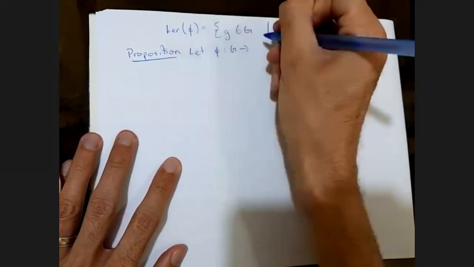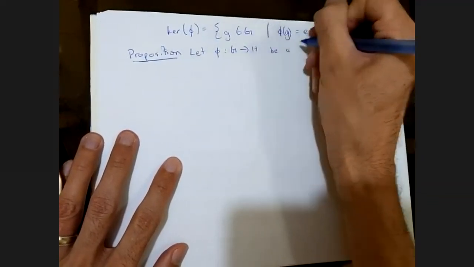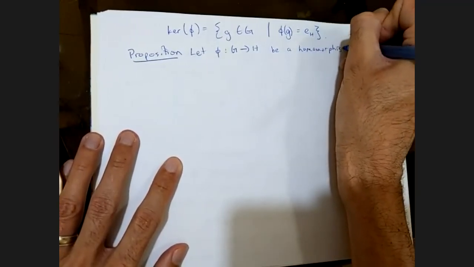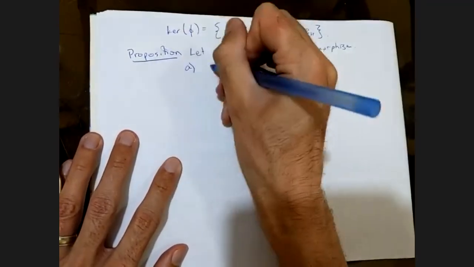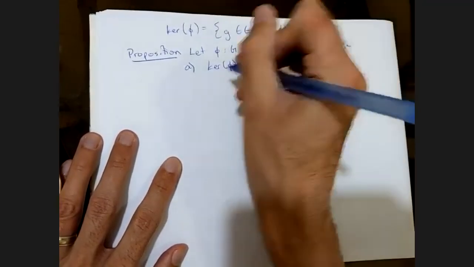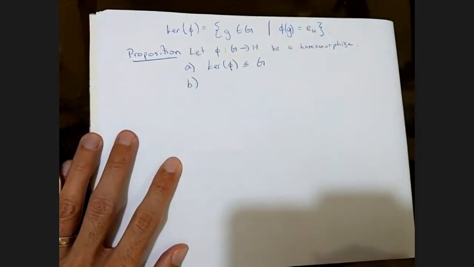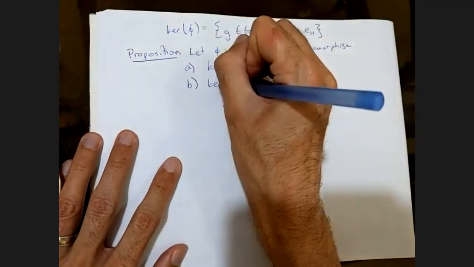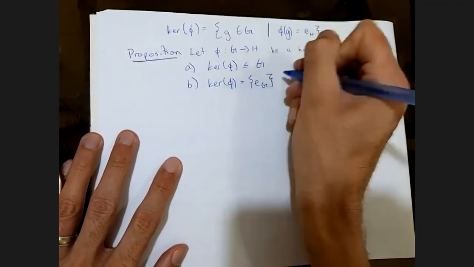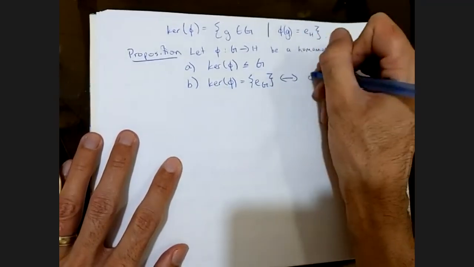Let phi from G to H be a homomorphism. The kernel of phi is a subgroup of G. The kernel of phi is exactly the identity of G if and only if phi is 1-to-1.